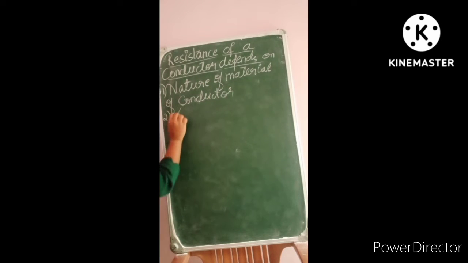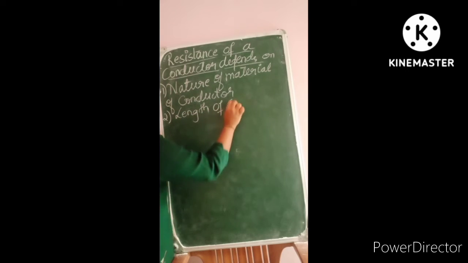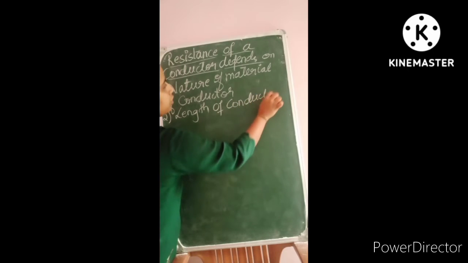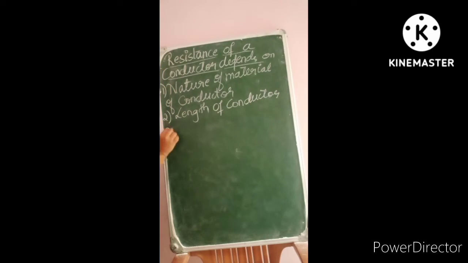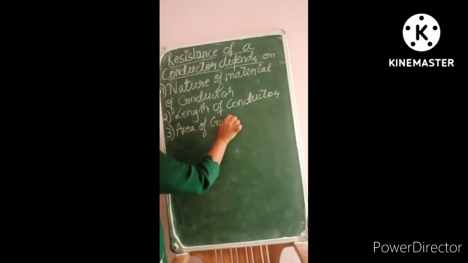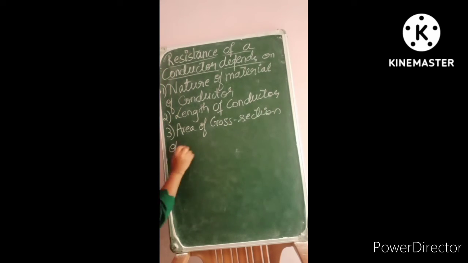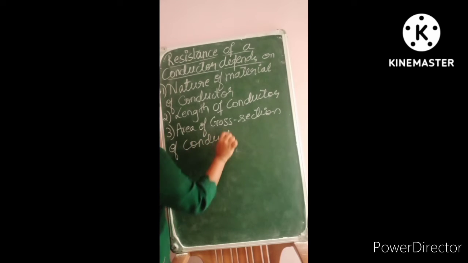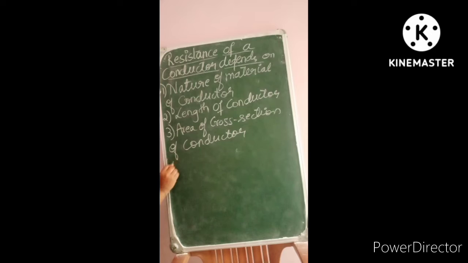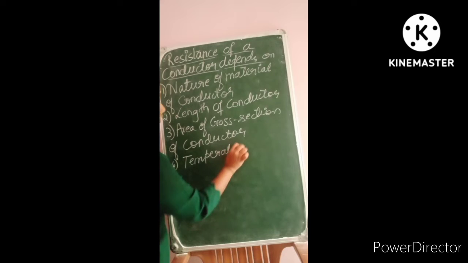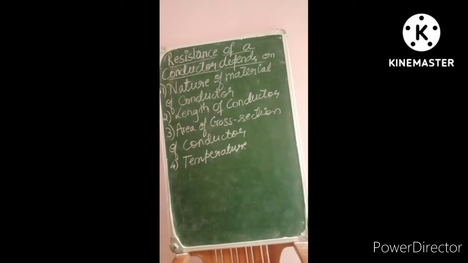Then it depends on the length of the conductor, then on the area of cross section of the conductor, and it also depends on the temperature of the conductor. These are the four factors on which the resistance of the conductor depends.